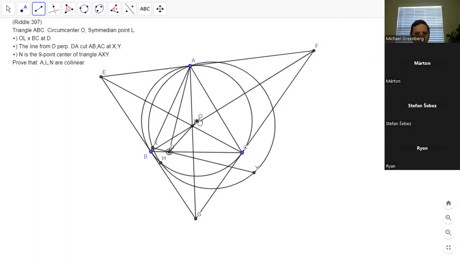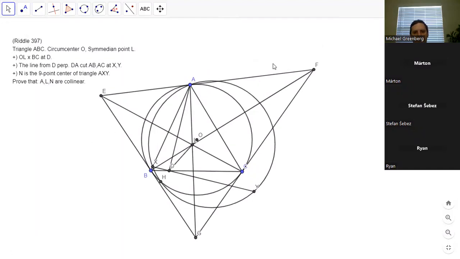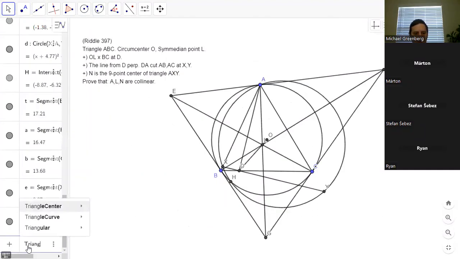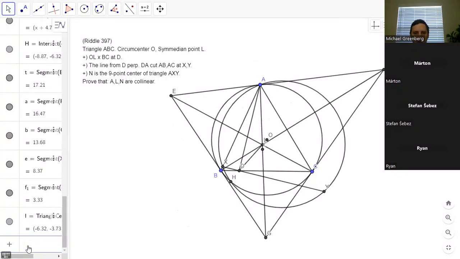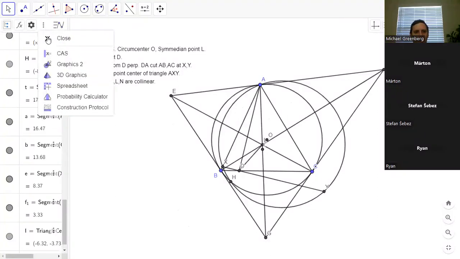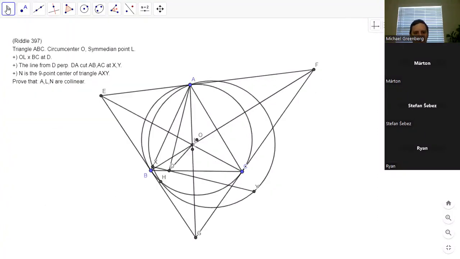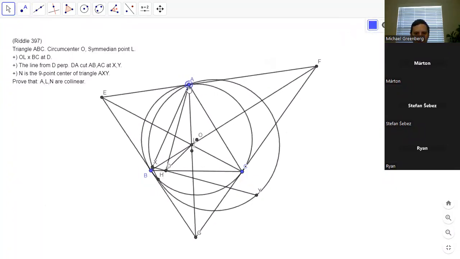OL intersects BC at D. I think that's the diagram we want. And then we want the 9-point center. That point. And it almost looks like it lies on this median, but the 9-point center doesn't lie on this median necessarily, so that is just a coincidence.